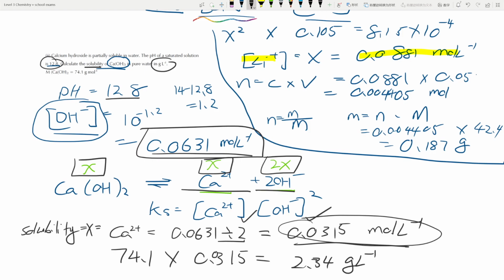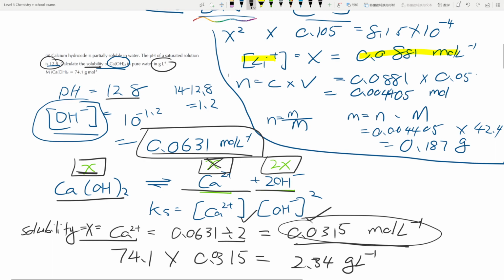Solubility is how many moles would dissolve in 1 liter of the solvent. So that's where the X's come in. When X moles of calcium hydroxide dissolve, which is the solubility, I make X moles of Ca2+. So that's why the solubility and the Ca2+ are equivalent, because it's a 1-to-1 mole ratio.